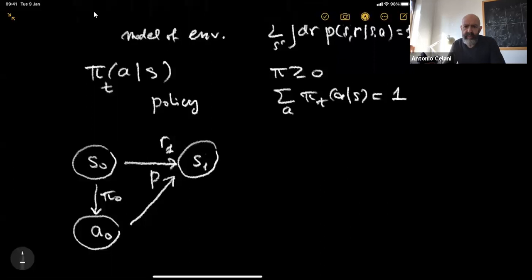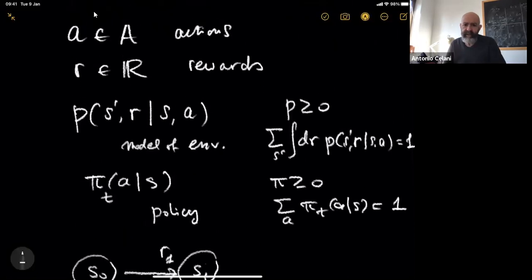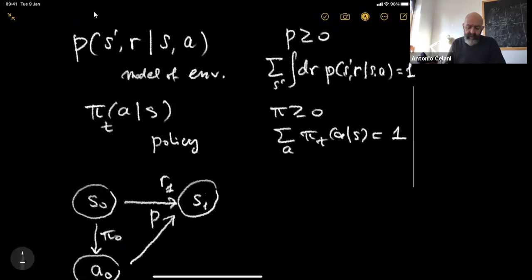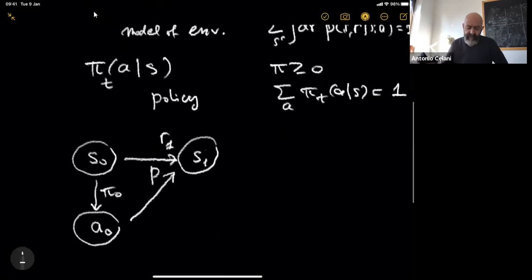Is it clear what I'm writing down here graphically? It's the way that you would actually produce such a process. If you were given these two ingredients, the policy and the transition probability, then you would be able to generate a sequence of states, actions, new states and rewards by this method.